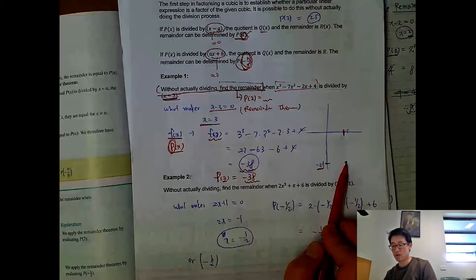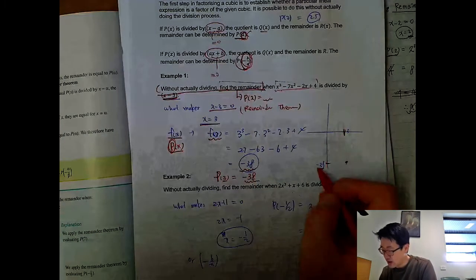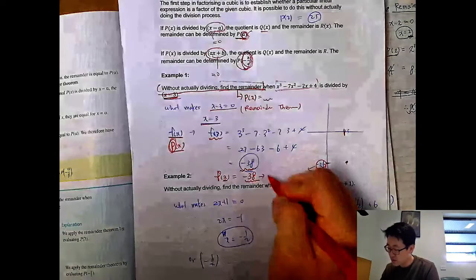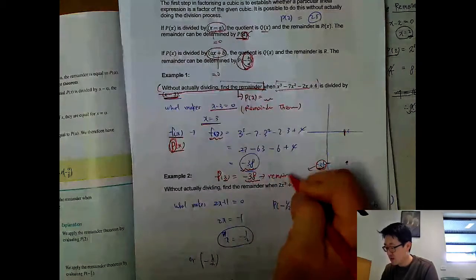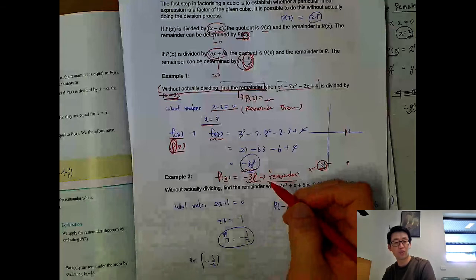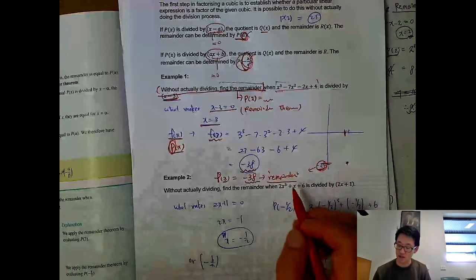The point is on that curve. And that is same as what? Is it 38? Yep, 38. Same as the remainder. The y value is same as the remainder.